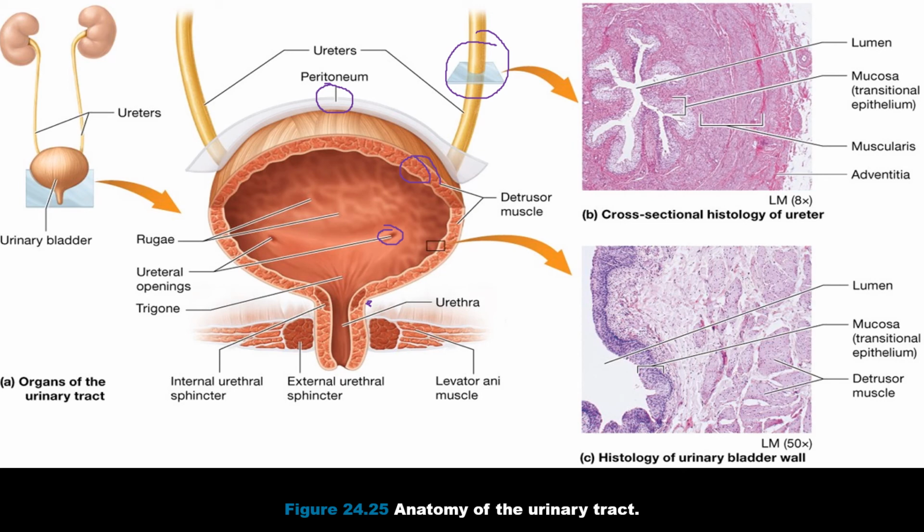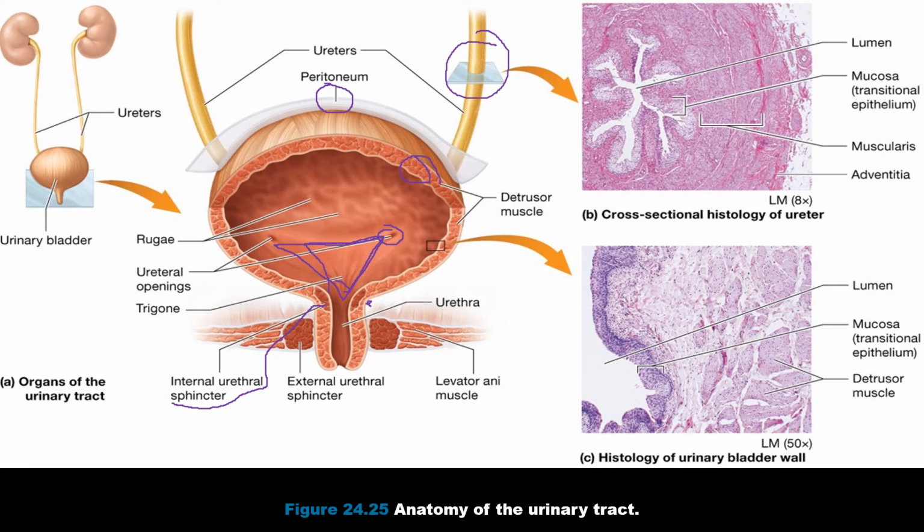And eventually you get this internal urethral sphincter, this muscle band here that holds the bladder shut. And you do see this sort of trigone made between the urethral opening and the ureteral openings. That's just the sort of quote-unquote triangle.